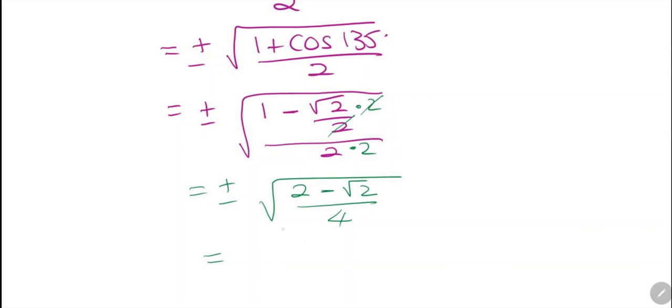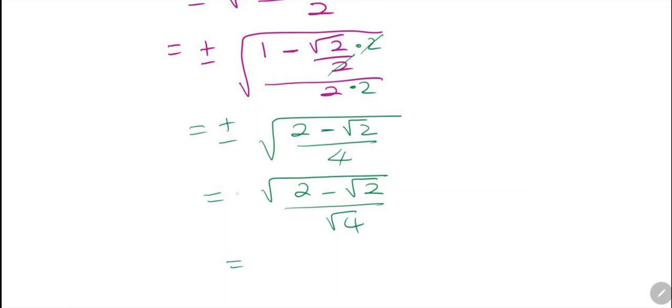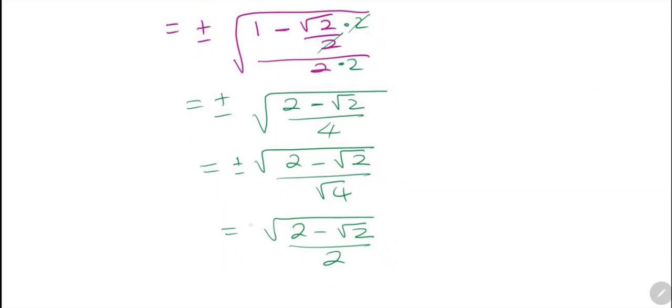If I rewrite this as 2 minus root 2 over root 4, then this can be 2 minus root 2 over 2, since root 4 is just 2. So now we just need to decide if this is positive or negative.